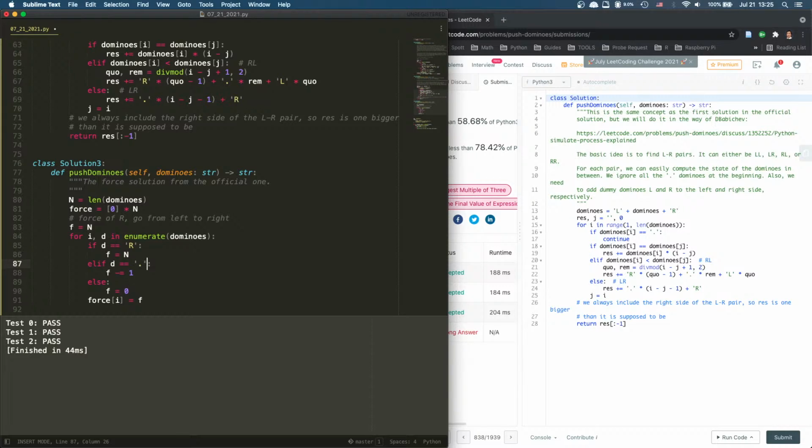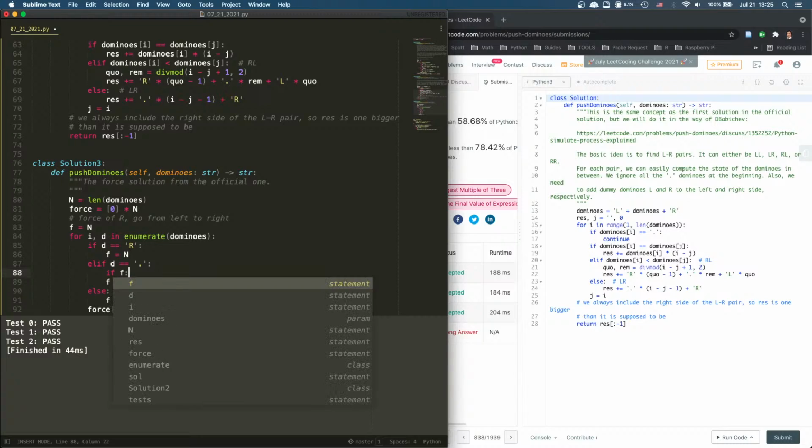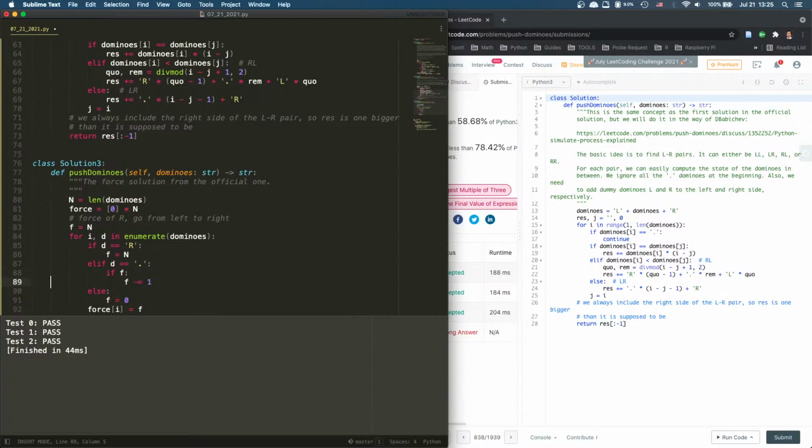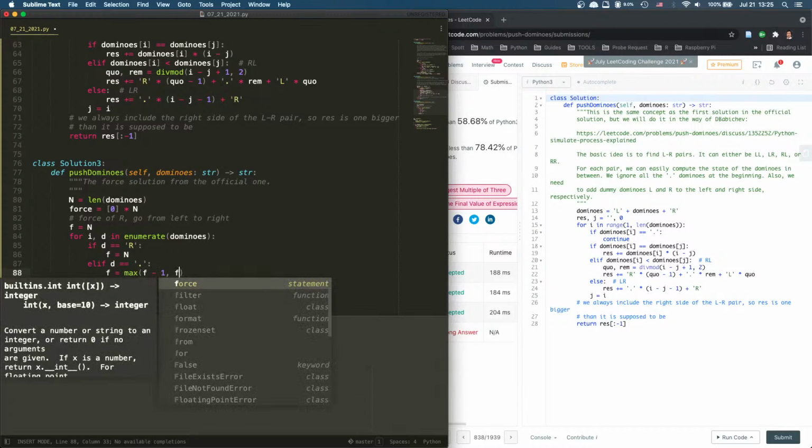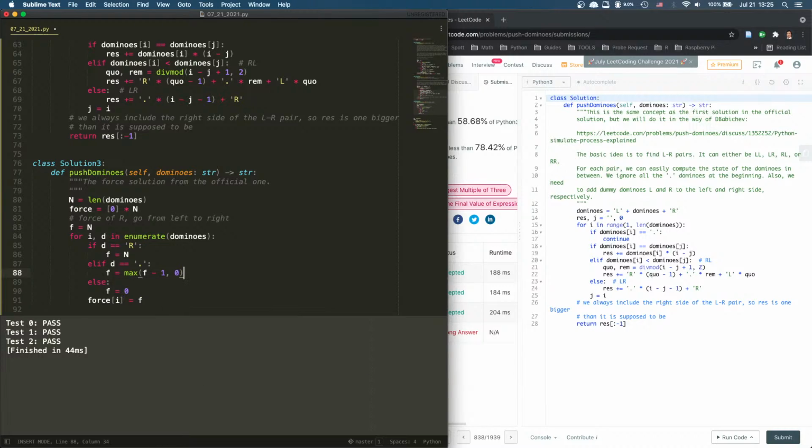Actually, it's different. We can say F equals the maximum of F minus 1 and 0, which means if F is 0, we remain at 0. Otherwise, yep. So force is going to be this.